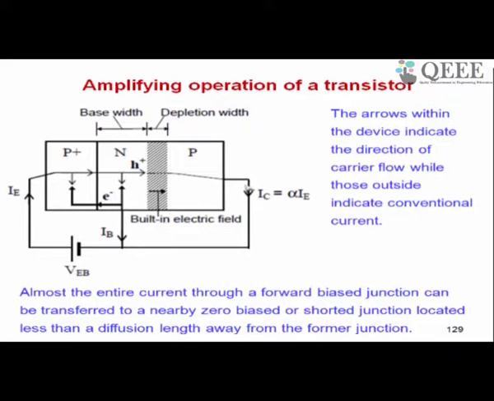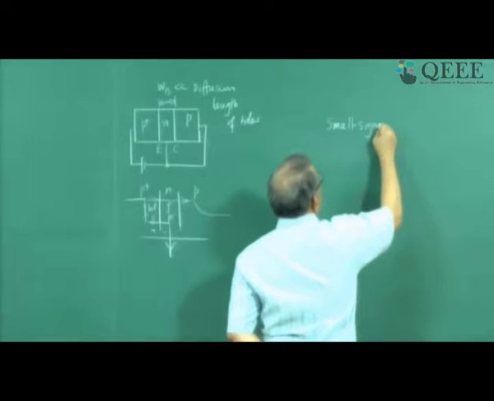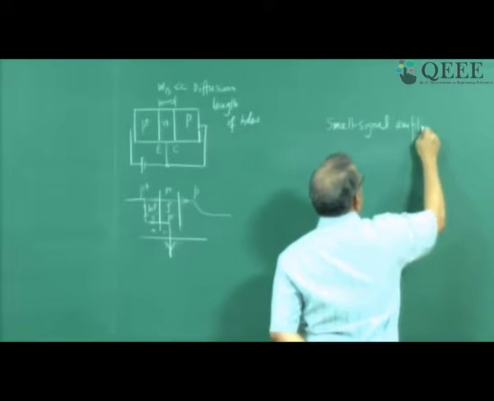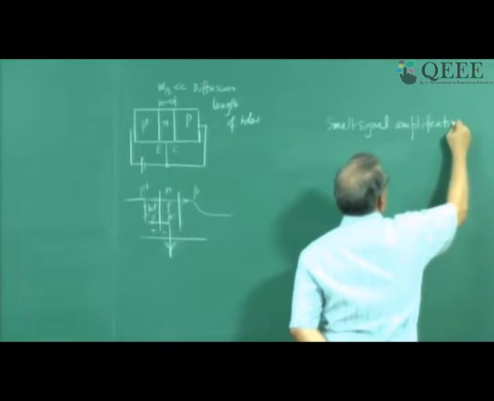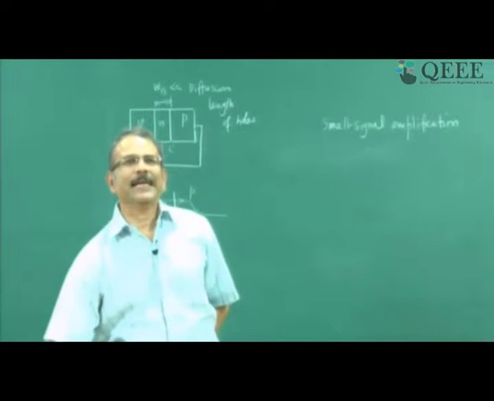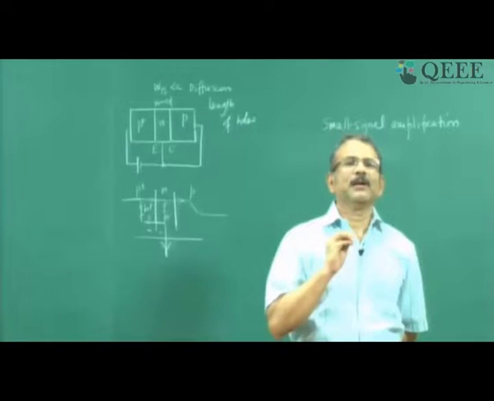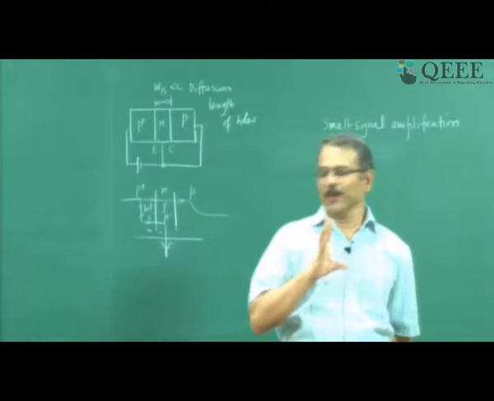Now let us explain how, if you have a device like this, it is going to give rise to amplification. When we talk about amplification, we must always remember we talk about small signal amplification. That means we apply an AC voltage or an AC current, and we want that AC current or voltage to be amplified.